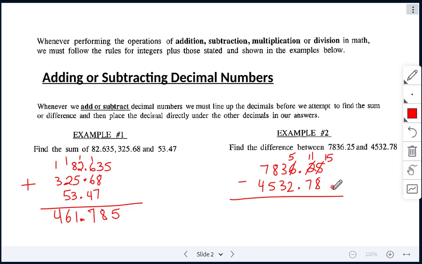So 15 minus 8, that gives me 7. 11 minus 7, that gives me 4. There's our decimal. 5 minus 2 is 3. 3 minus 3 is 0. 8 minus 5 is 3, and 7 minus 4 is 3. So our answer is 3,303.47.